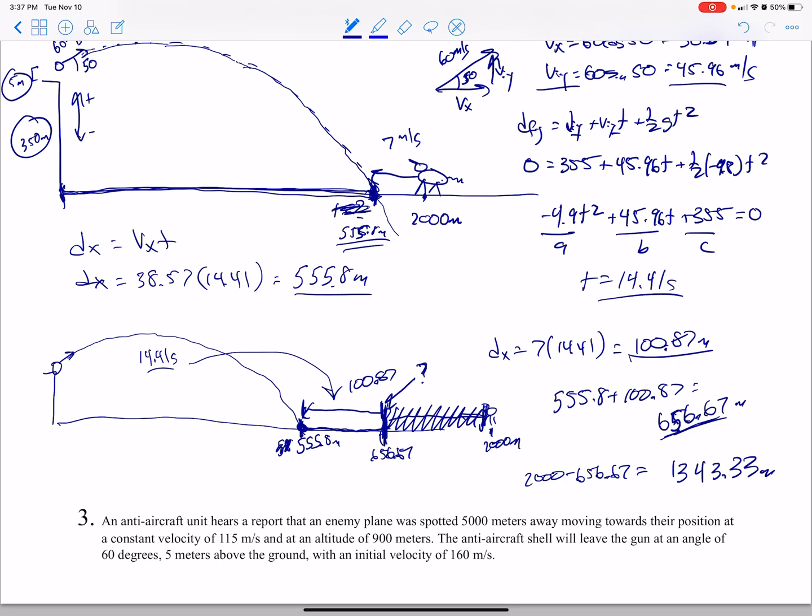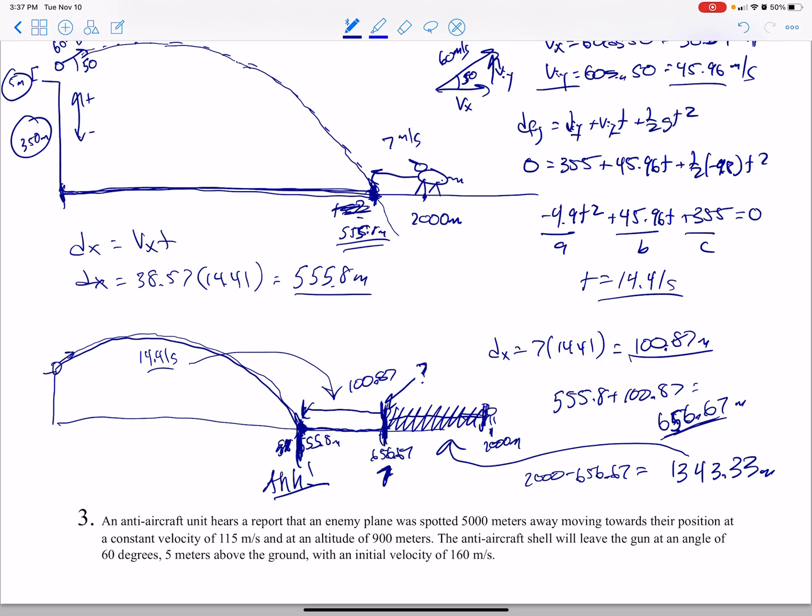Okay, so that distance right here is this. So we have to wait for the unicorn to travel all this distance so that it's here, so that we can fire, so that 14 seconds later, they're both right here, and kersplat, we kill it.